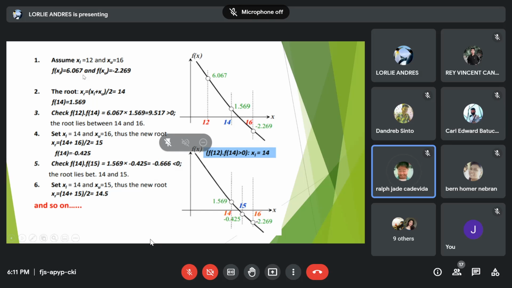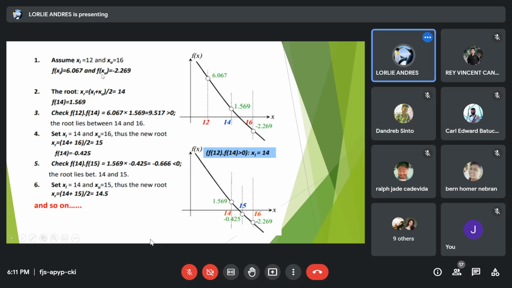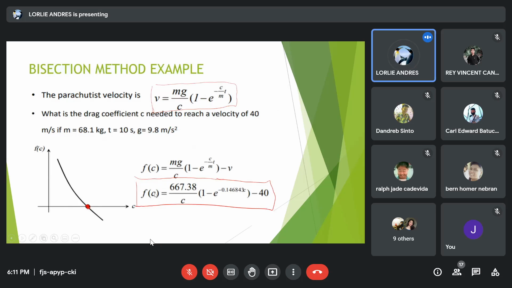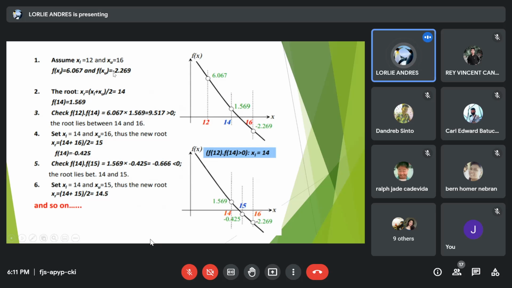Okay, and then pag i-substitute nato si 16 sa tuang f of x, then ang ihang ihatag na value is negative 2.269. So kung imong i-multiply karon si positive 6.067 multiplied by negative 2.269, di ba ang iyang answer kay negative value, di ba?